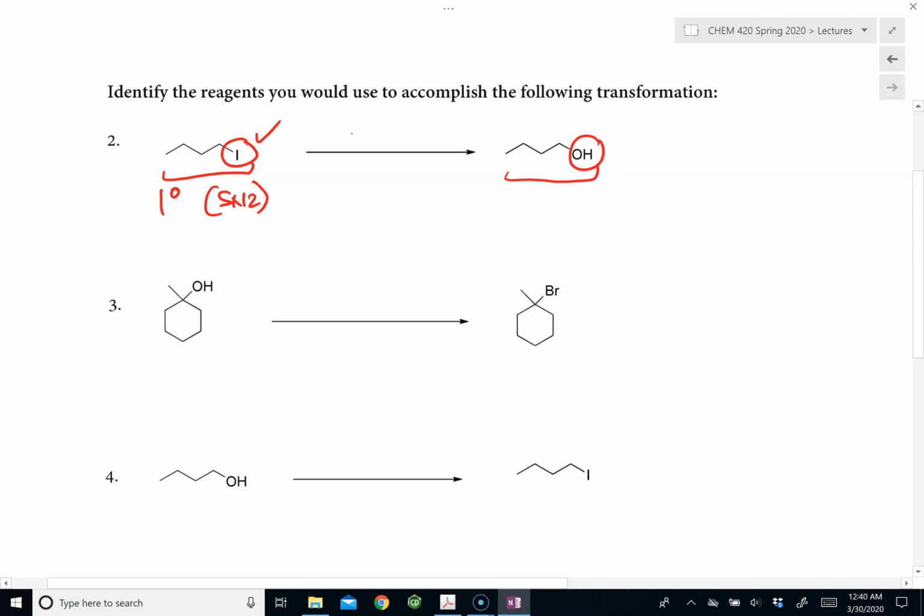And lastly, because we want to do an SN2 reaction, we want to use a polar aprotic solvent such as DMSO. So combining all of this together, we can accomplish this in one step by reacting this with sodium hydroxide in the presence of DMSO. And we will be able to make this product in this one step.